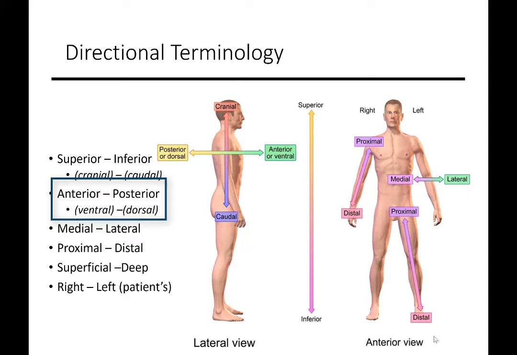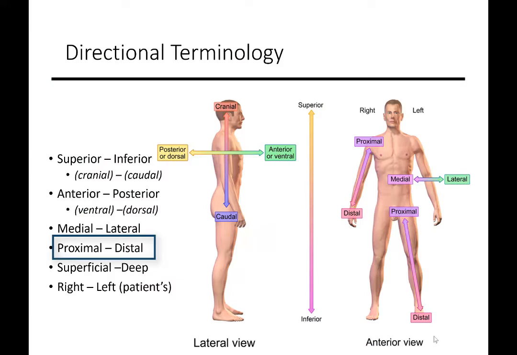Anterior is the front, so is ventral. And dorsal is the back, and this is the same as posterior. So anterior, posterior generally refers to just which side you are referring to. Medial, lateral: medial means you're going closer to the midline. Lateral, you're going farther away from the midline. So you could use an example of saying your ear is lateral to your nose.